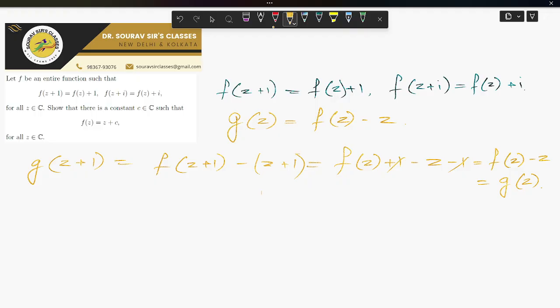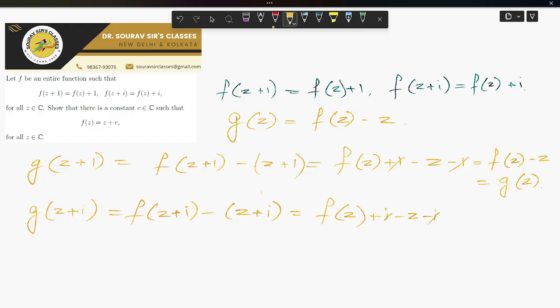So now again if we try this thing for z plus i also, g of z plus i is equal to f of z plus i minus z minus i.